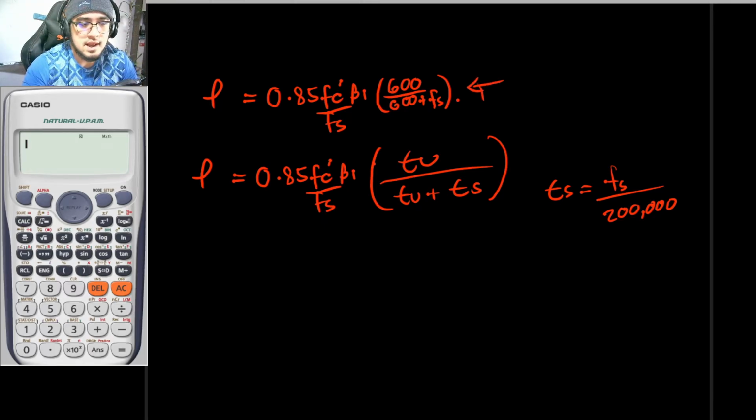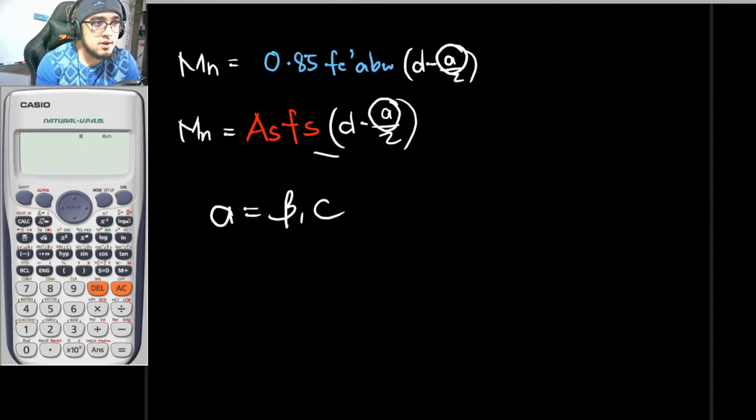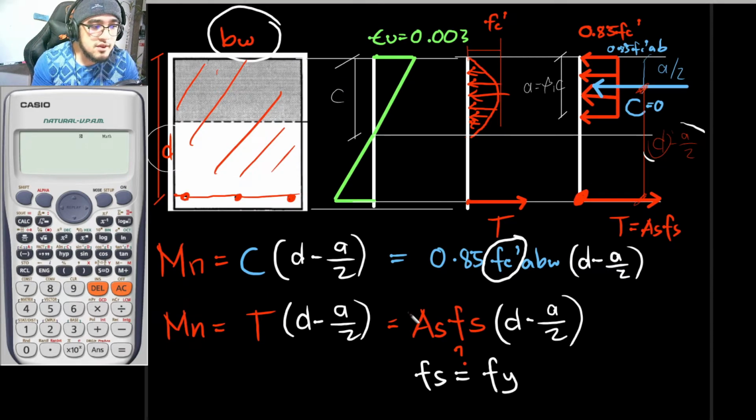So we still have a catch here. After so many minutes of the video and after so many formulas that we have derived, we still do not know how to solve for the value of Fs. Once again, if we go back to our main equation for the nominal moment, that is basically AsFs times (d minus a over 2), or 0.85 fc' a bw times (d minus a over 2).